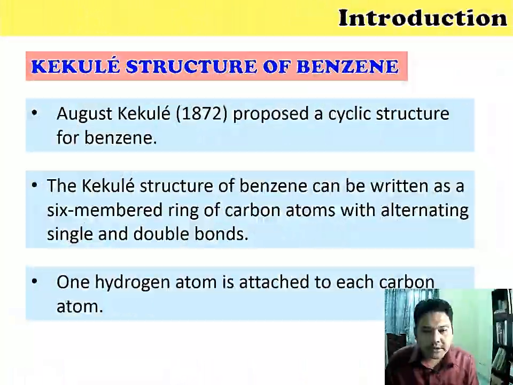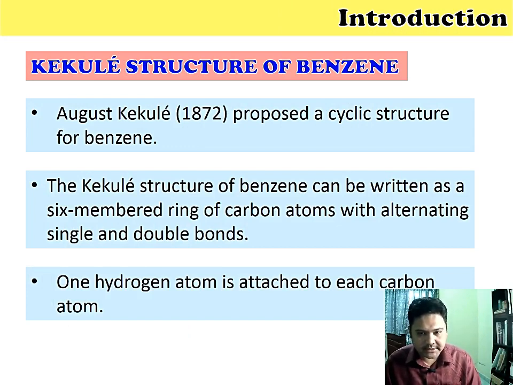Now we go to the second part of the introduction, the Kekulé structure of benzene. Kekulé is the name of a scientist, Auguste Kekulé, who proposed a cyclic structure for benzene.